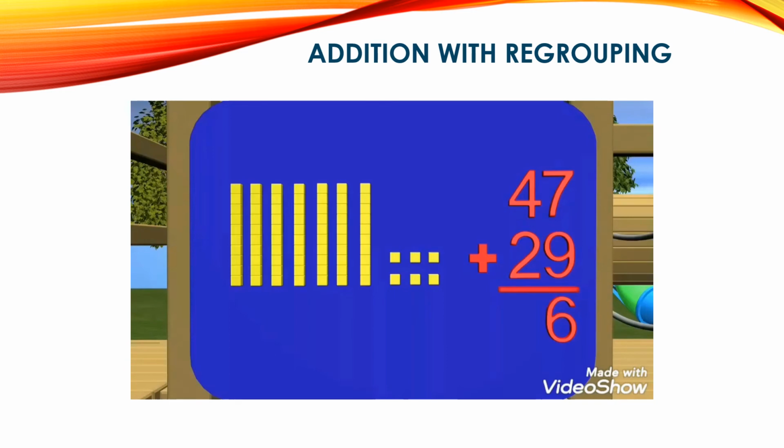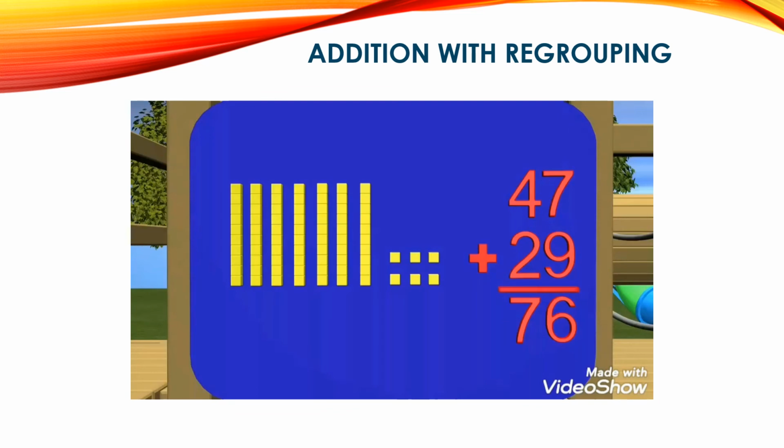Understood now? See, 4 plus 2, how much? 6 tens, and plus the carried 1 you get 7 tens. See here, 7 plus 9 is 16. You have written 6 there, and carry over 1 to the tens place.